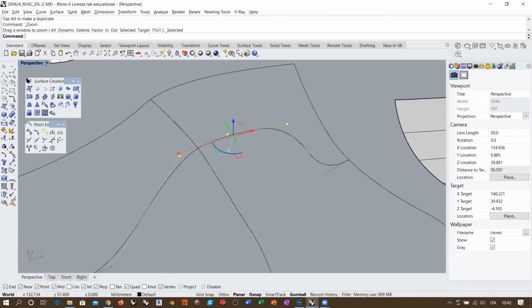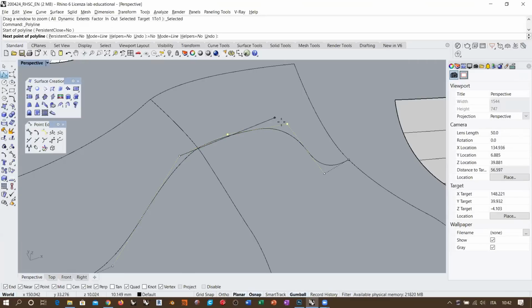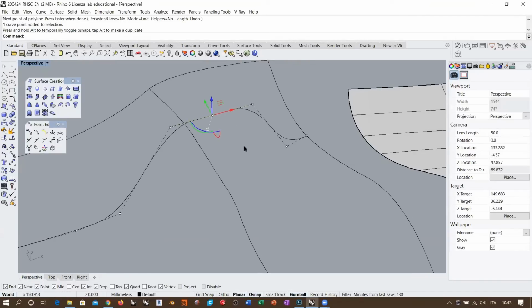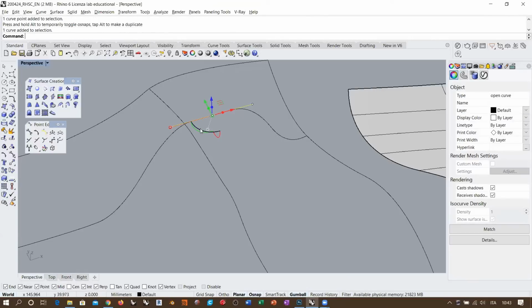So I need to take one line, for example, from this to this point, and place this control point exactly in the midpoint. If I don't do this, it won't be possible for me to have a physical intersection between these two isocurves, okay?